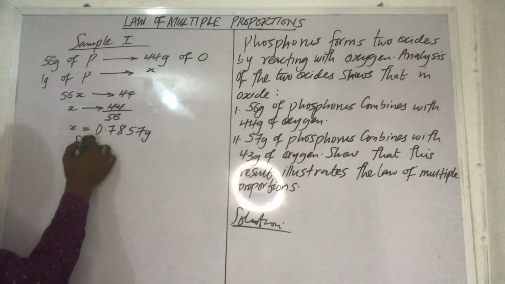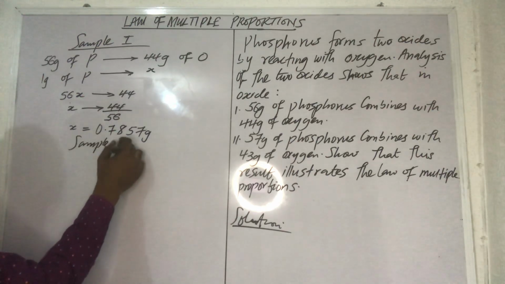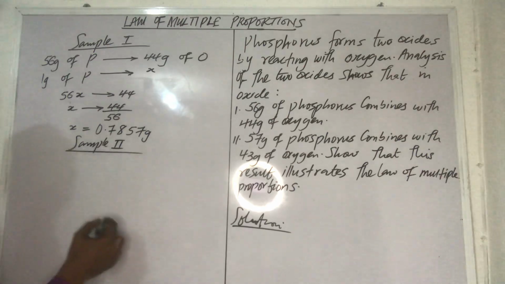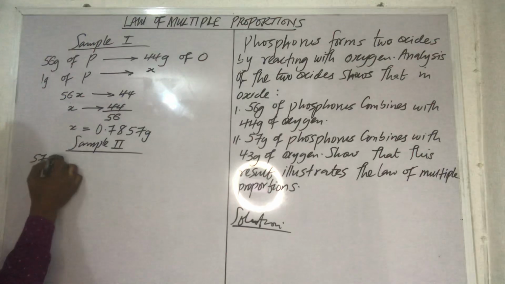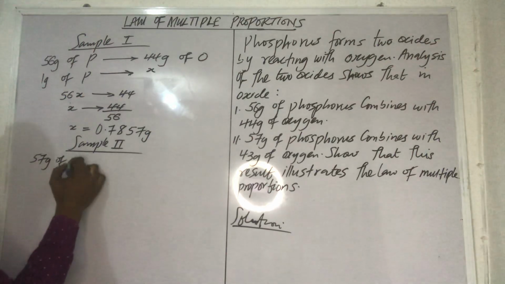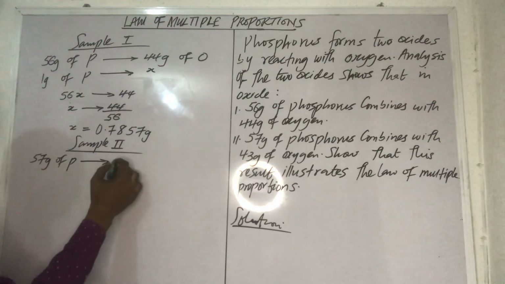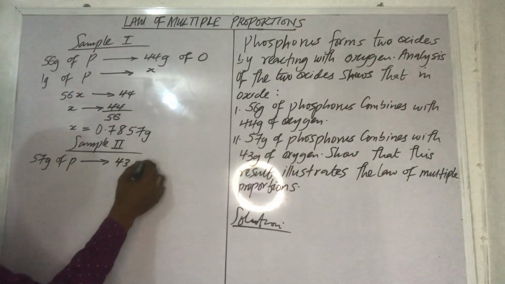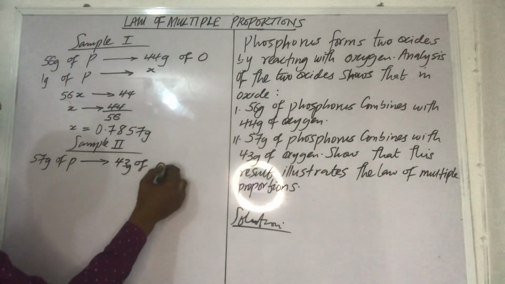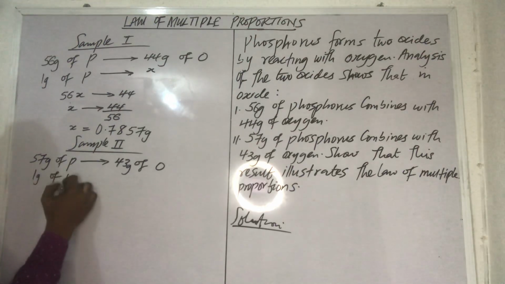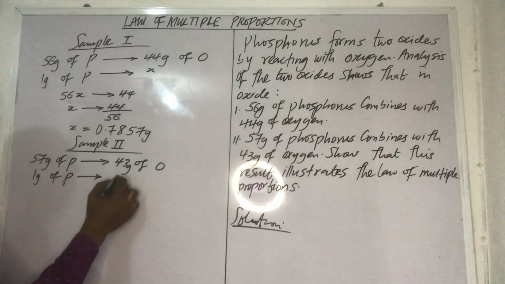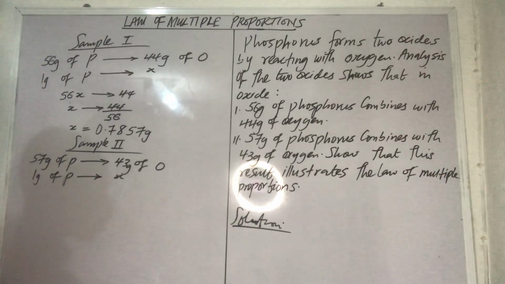Now in sample 2, 57 grams of phosphorus combines with 43 grams of oxygen. 1 gram also of phosphorus will combine with x grams of oxygen.